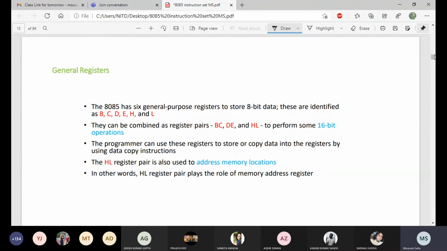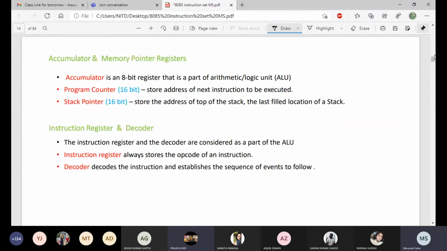The general purpose registers I have already explained: B, C, D, E, H, L, and A. For 8-bit operations you use these, and for 16-bit you can use the pairs. For most instructions in this architecture, the result is always stored in the accumulator, and for some instructions one of the operands is always the accumulator. The program counter stores the address of an instruction.